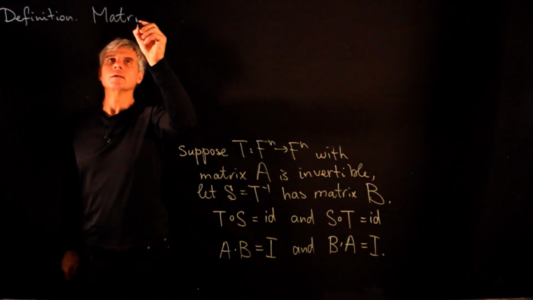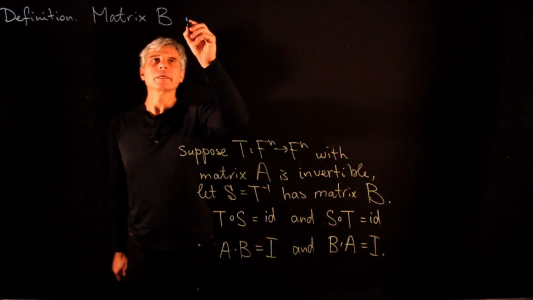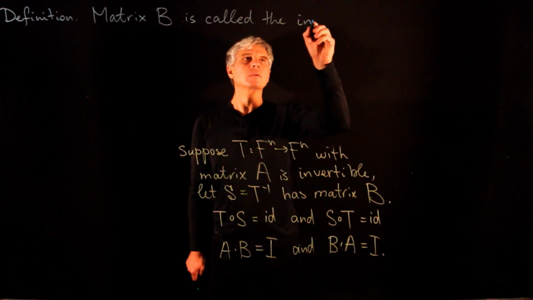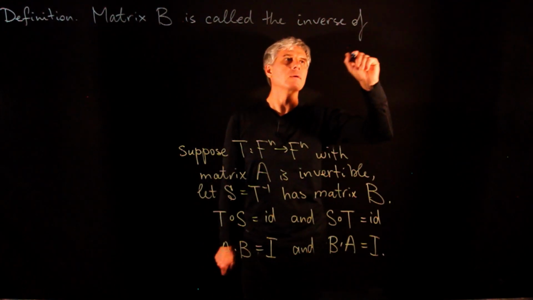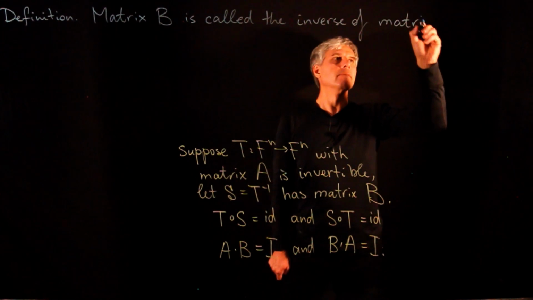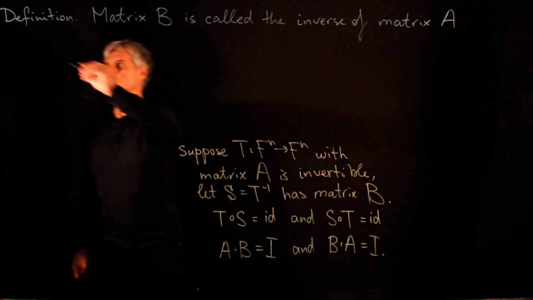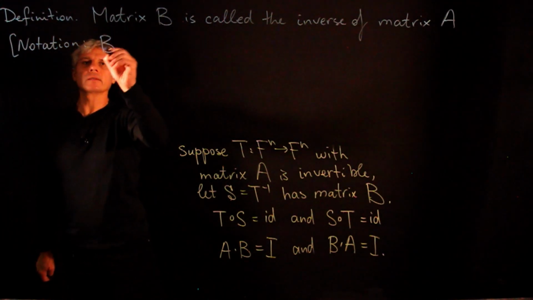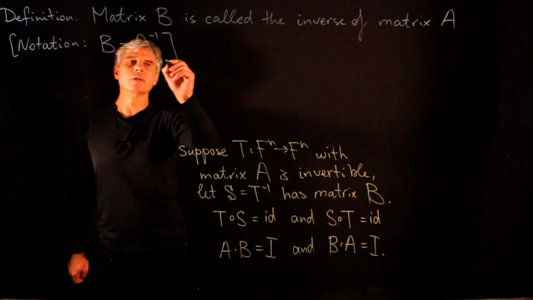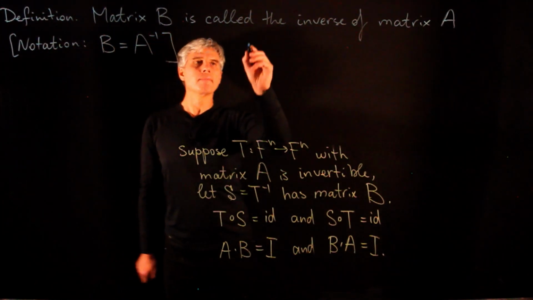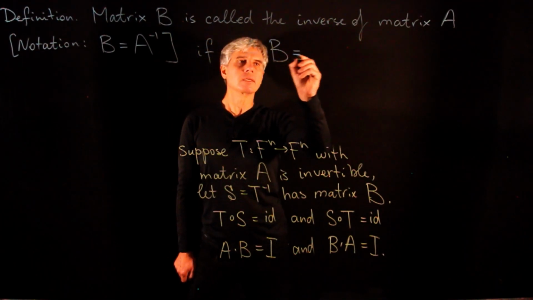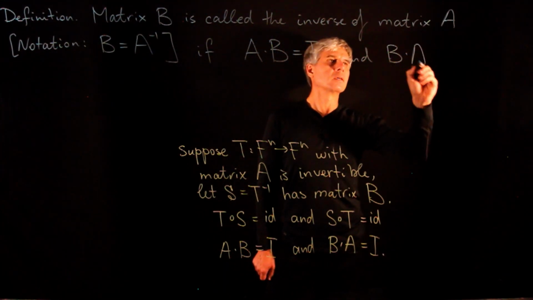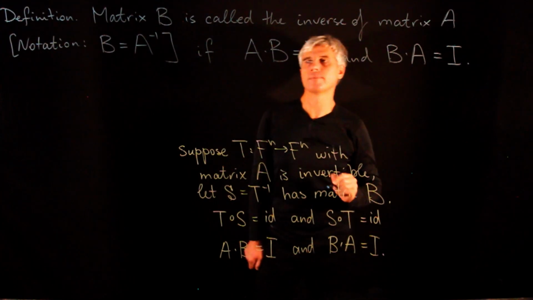Matrix B is called the inverse of matrix A. So notation: B is equal to A inverse, if A times B is equal to identity and B times A is also equal to identity matrix.